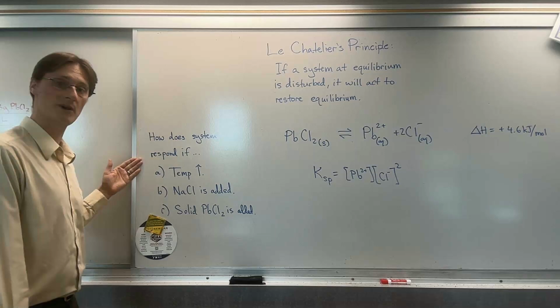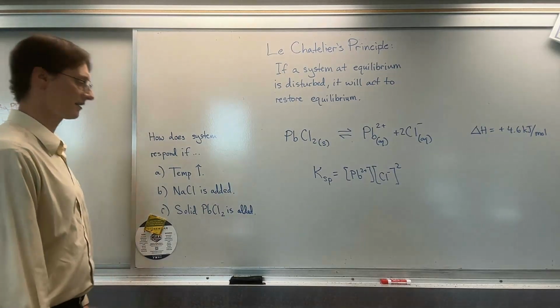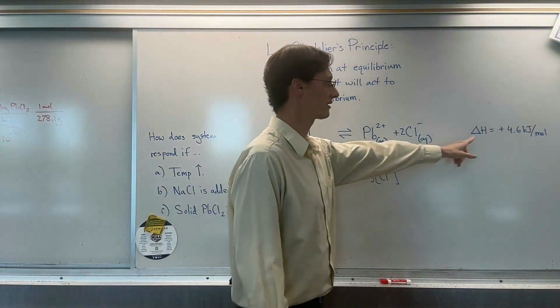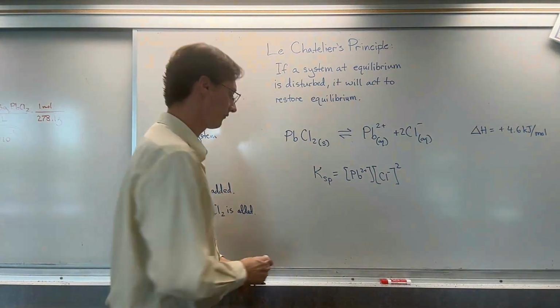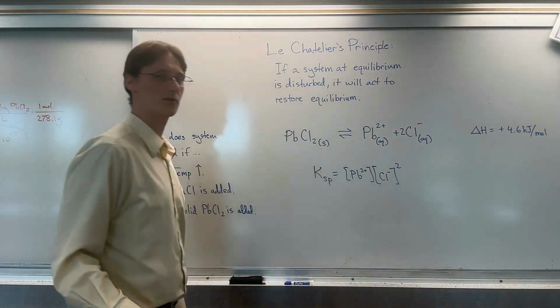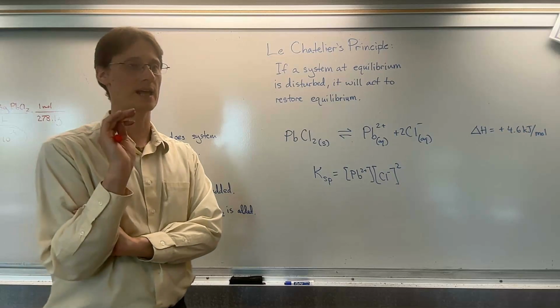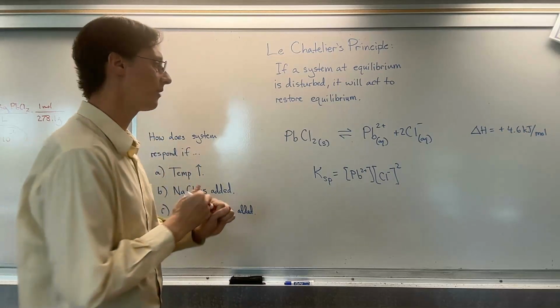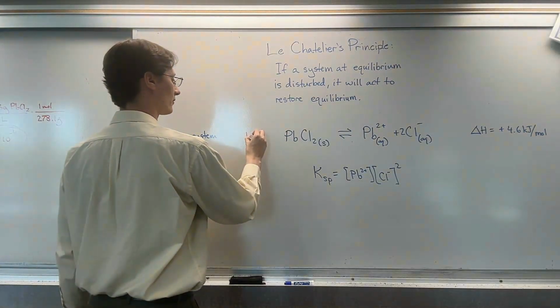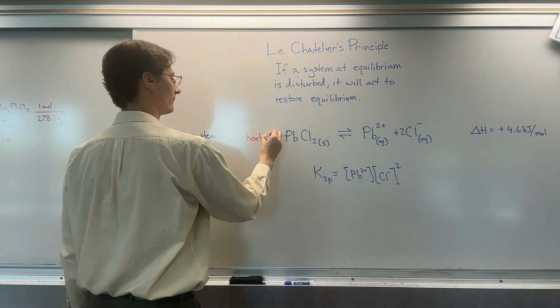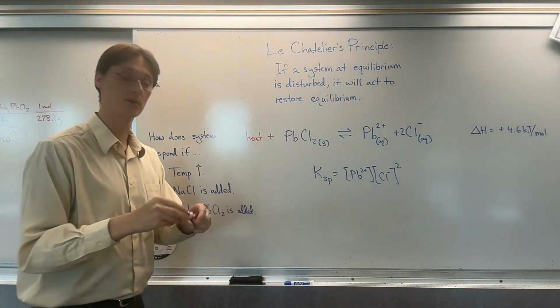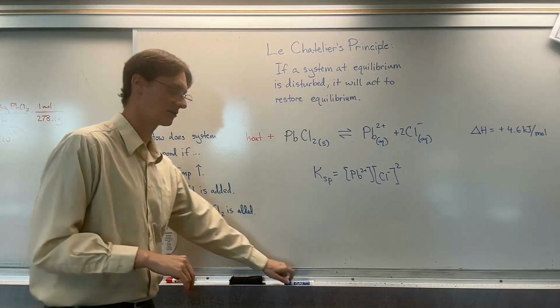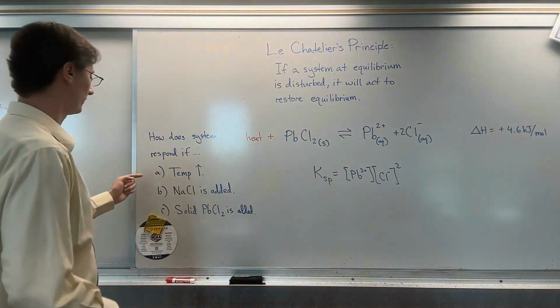How does the system respond if the temperature is increased? Over here it says the enthalpy is positive 4.6 kilojoules. That's an endothermic reaction. That means that we have to add heat to get the reaction going. So heat is a reactant, essentially. All right.